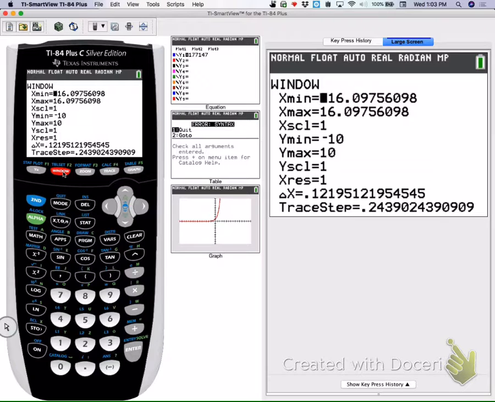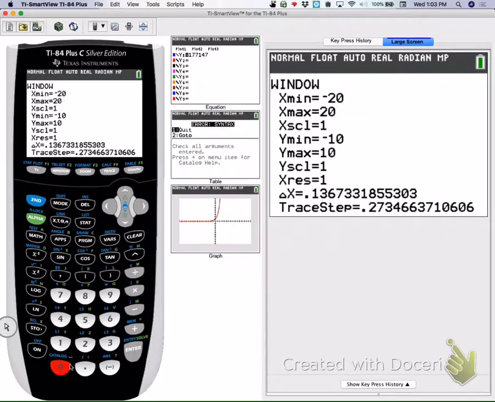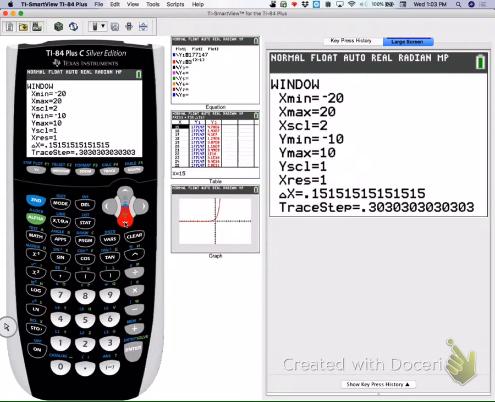Now, I don't know how big my x's need to be, but let's just go from negative 20 to 20 just to see. Okay, and we'll go by 2's. For my y's, I need my y to be almost 200,000. So let's go from 0 to 200,000. It's good to go a little bit higher than what you need to give yourself some space.